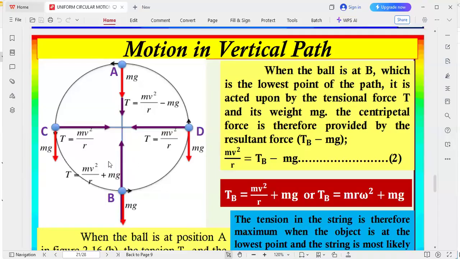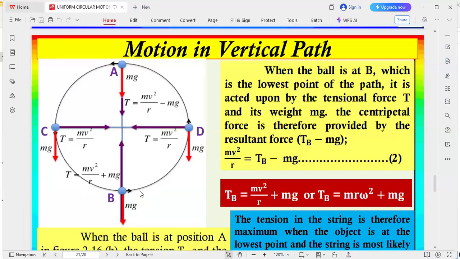So when you're asked which position has the highest tension in the string, you say it's position B, the lowermost, bottommost position. Reason being, we have the centripetal force plus mg. And this is the position where the string is likely to cut or snap.